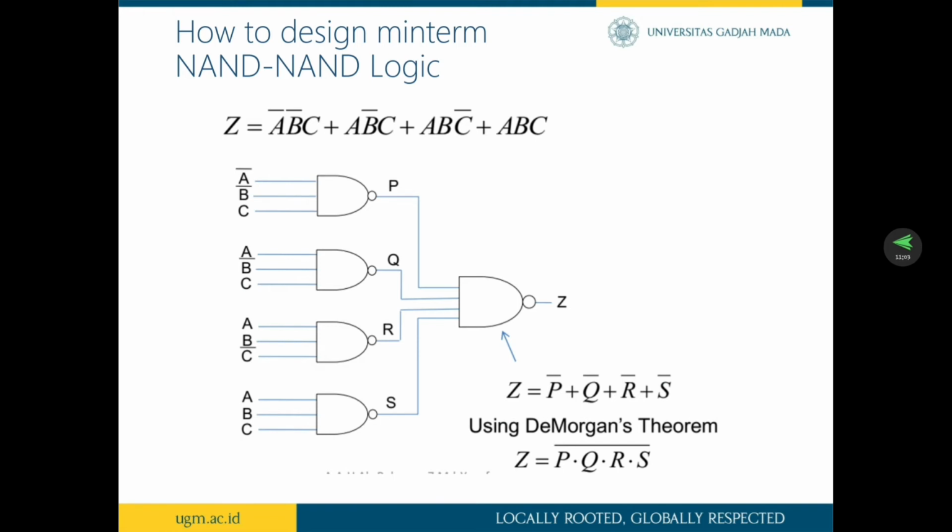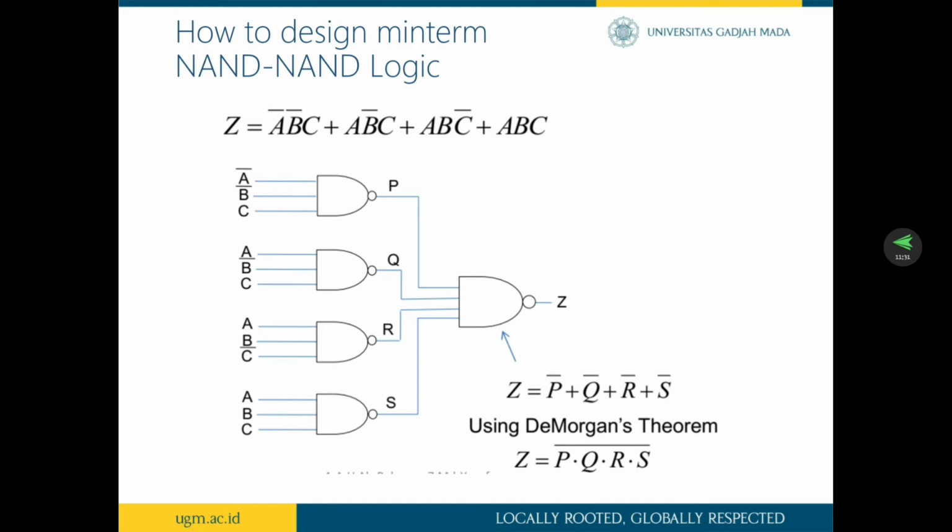Because of the De Morgan theorem, if we have Z equals P not ORed with Q not ORed with R not ORed with S not, then using the De Morgan theorem we can write it as P dot Q dot R dot S, all not.